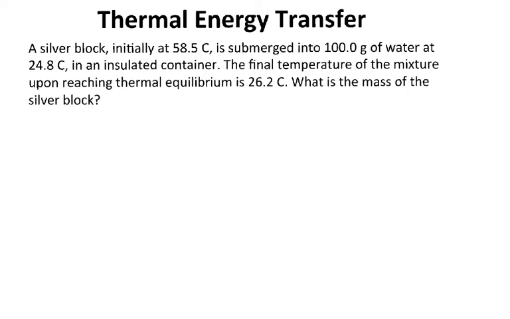Okay, so let's look at an example. A silver block, initially at 58.5 degrees Celsius, is submerged into 100 grams of water at 24.8 degrees Celsius in an insulated container. The final temperature of the mixture upon reaching thermal equilibrium is 26.2 degrees Celsius. What is the mass of the silver block?